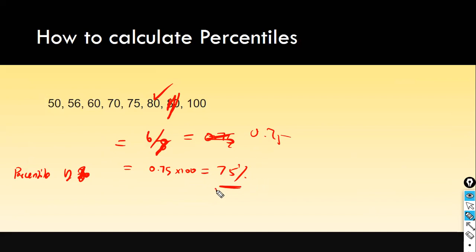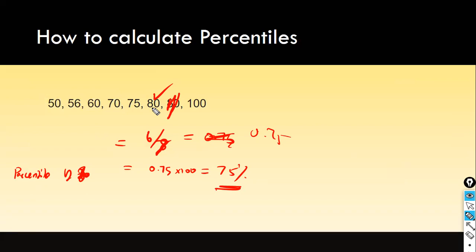So here, how do you communicate this to your management? 75% of the values, or the sales achieved by different people in this data set, are less than or equal to 80. That means 75% of people in your team achieved less than or equal to what you achieved.